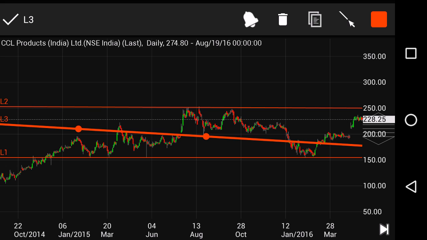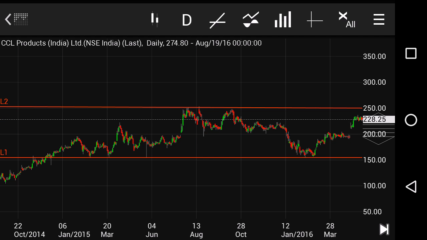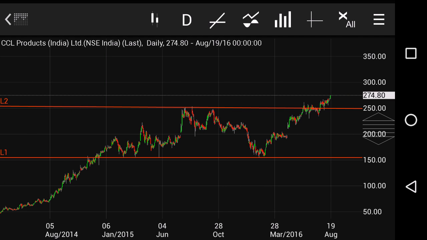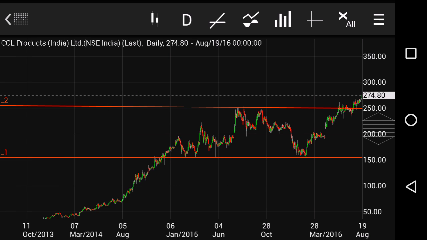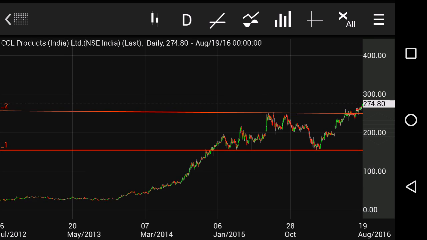Here's the alert system also out here. Now there is no point putting an alert here because it has already completed the target and the price has already moved. We'll look at other charts which are going to give an alert. Let's see if we find some.